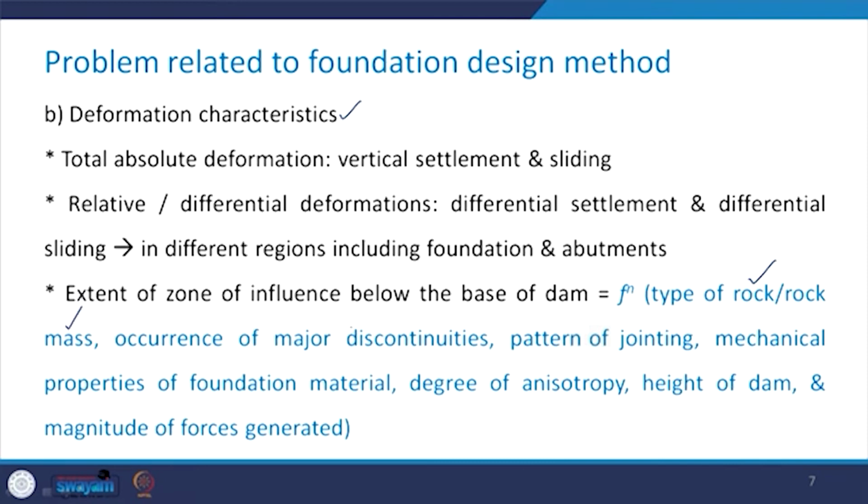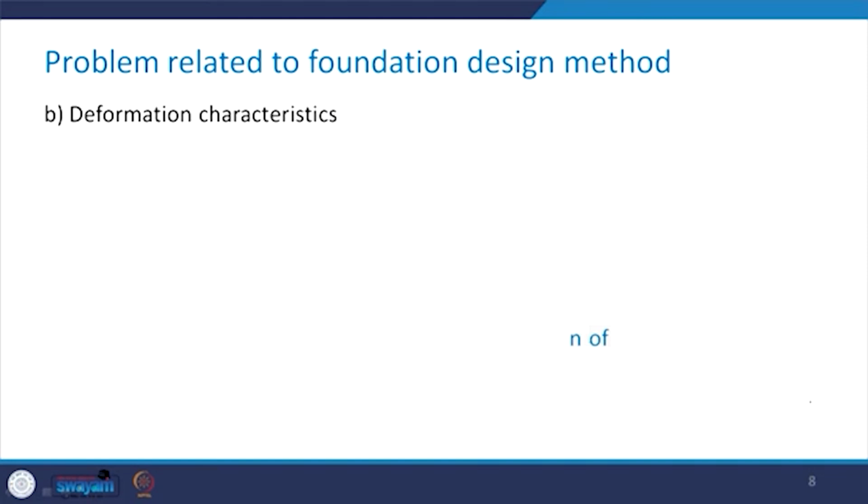What is the occurrence of the major discontinuities? Pattern of jointing, mechanical properties of the foundation material. What is the degree of anisotropy? What is the height of the dam? And what is the magnitude of the various forces being generated? These forces I listed just a little before.